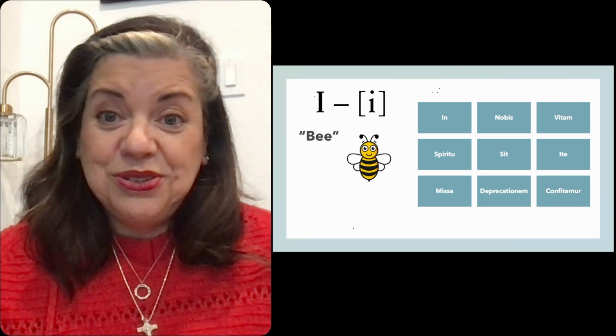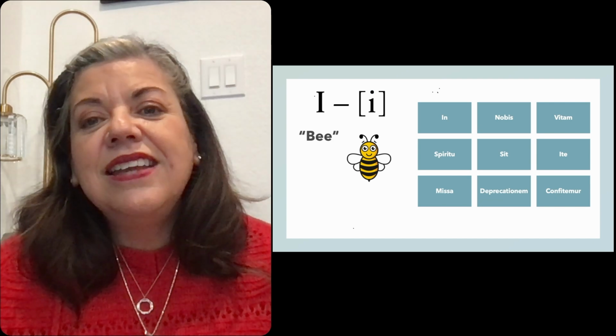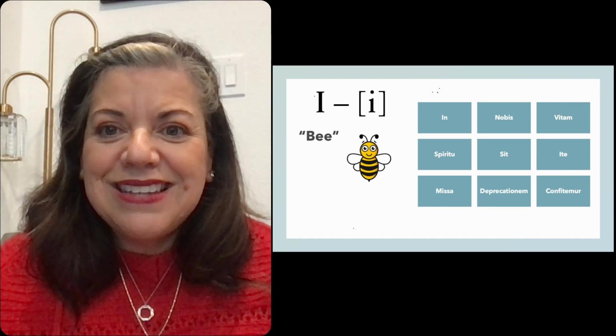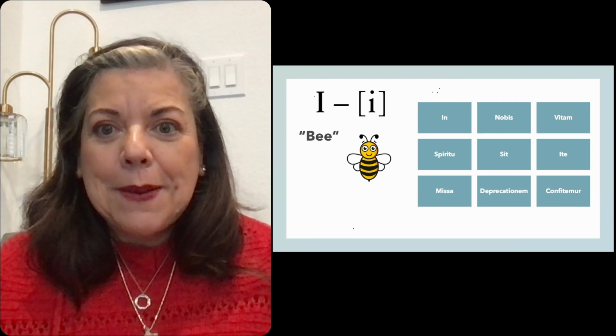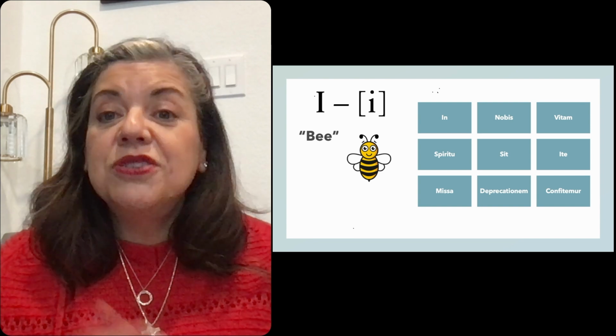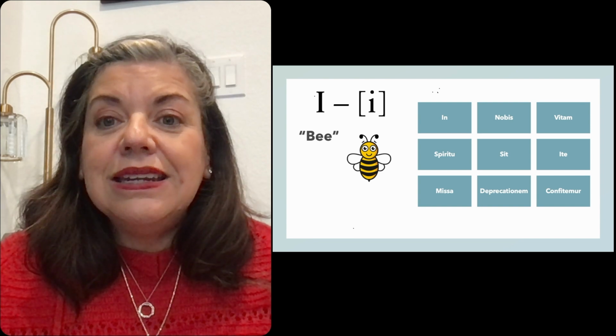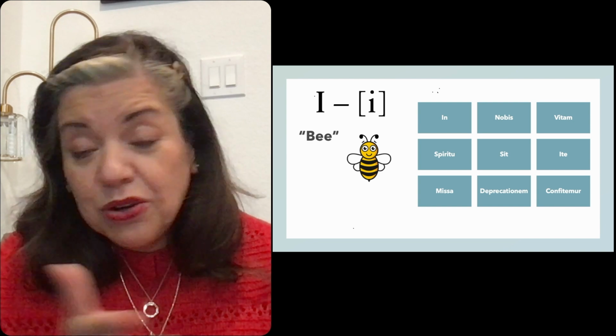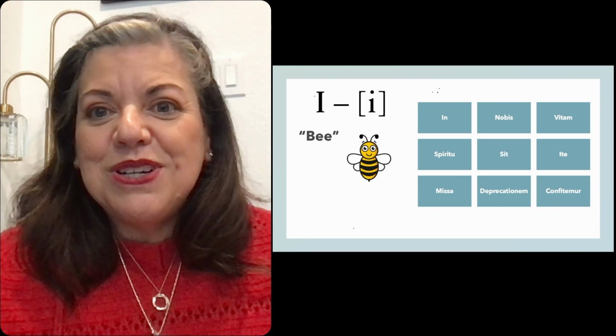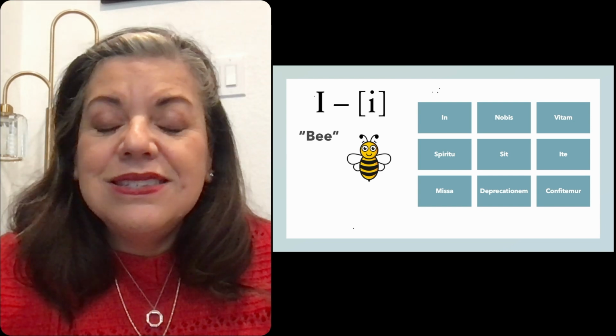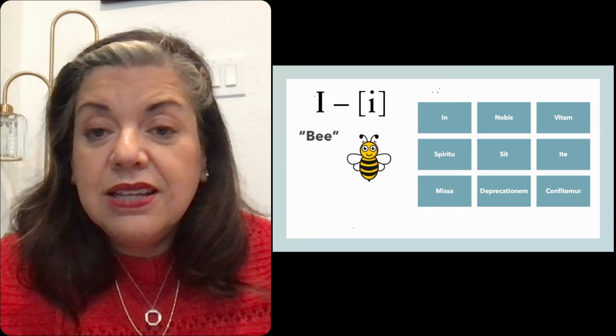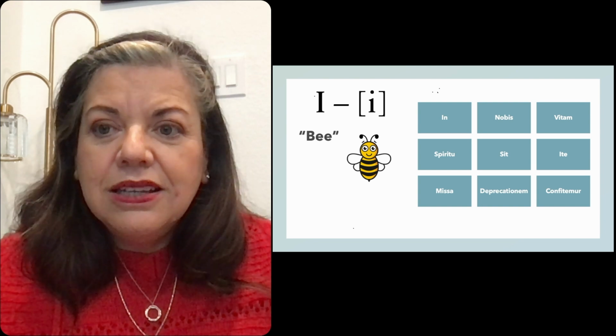We're going to go on to the I vowel, which has this sound, ee, as in bee. Here are the words: in excelsis Deo, which we say a lot, especially during Christmas time. It's not in, as we would say in English, it is in.